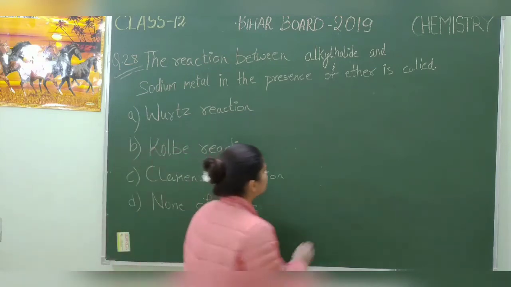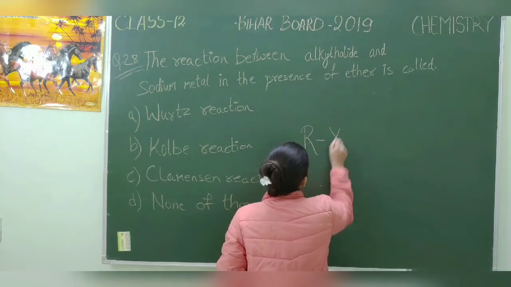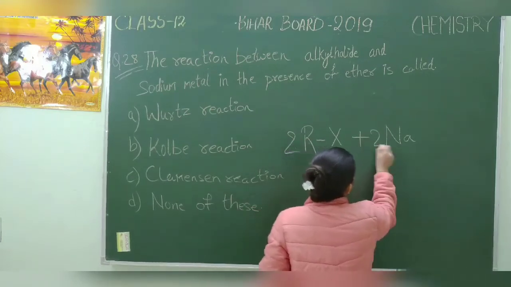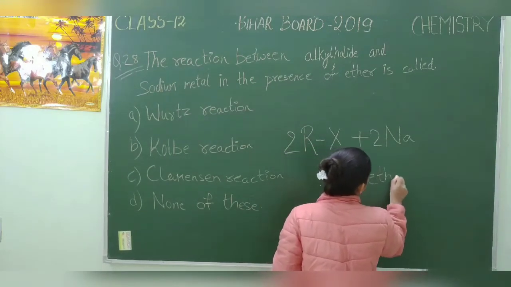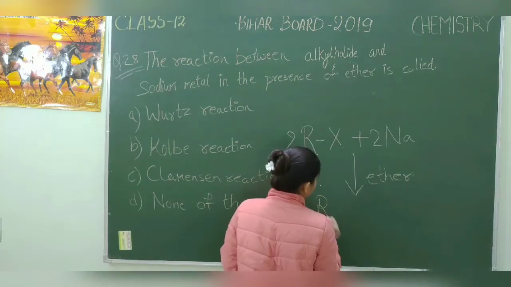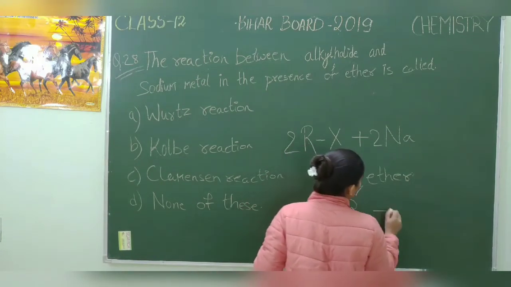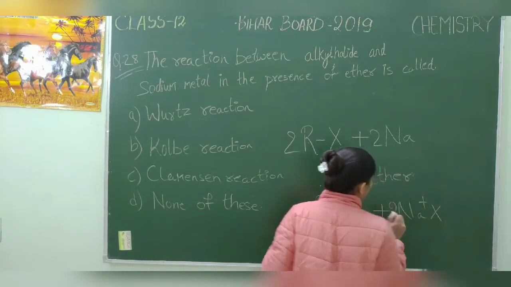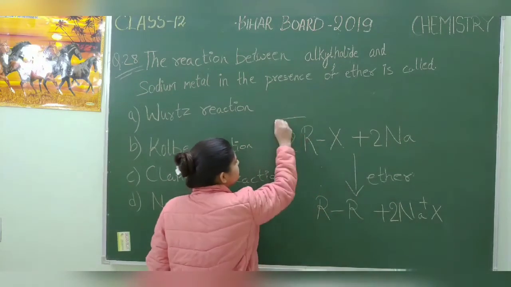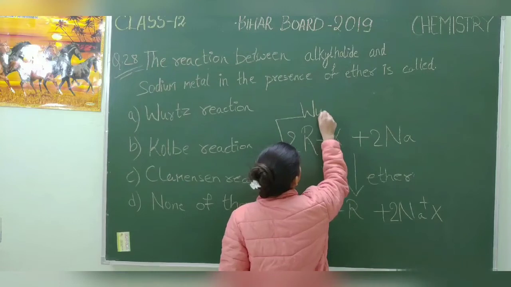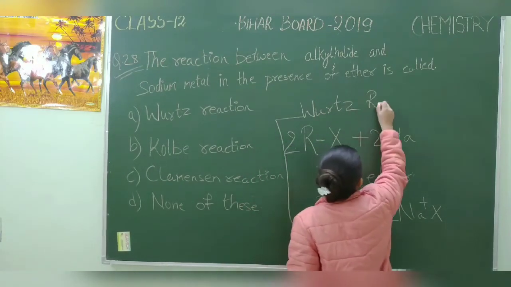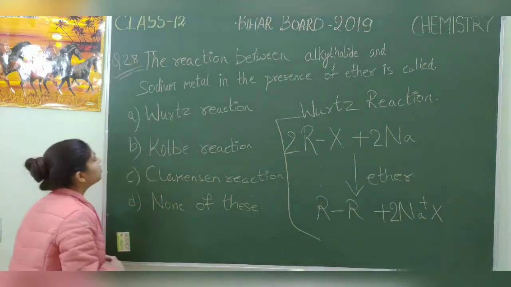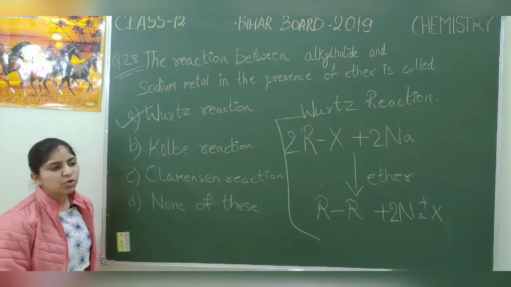What we get is R2 plus 2NaX, and this reaction is known as the Wurtz reaction. So we can say that option A is our answer. Now you can take a screenshot.